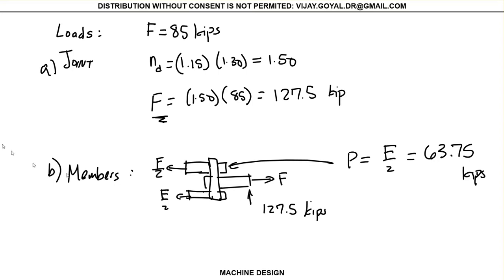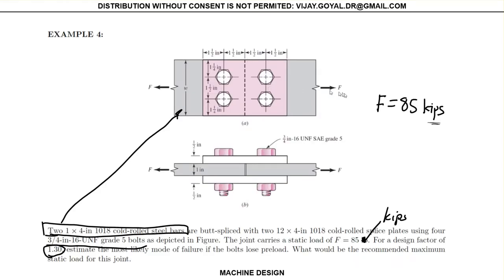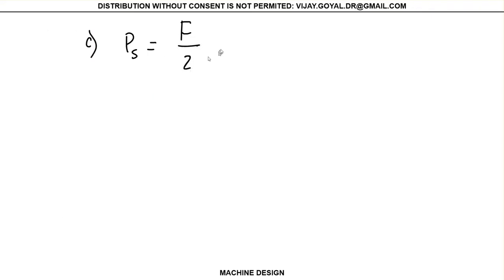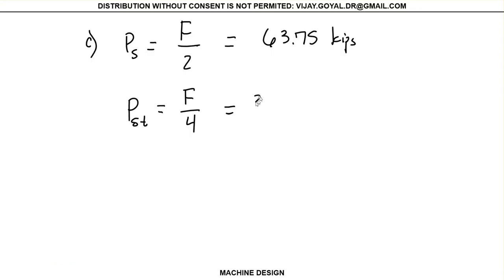Now, the load acting in the fasteners, PS: there are two rows perpendicular to F, 1 and 2. So this will be divided by 2, and this gives me 63.75 kips. Then PST, that would be the total number of fasteners that I have here. I have 1, 2, 3, 4. That would be divided by 4, and that gives me 31.88 kips.